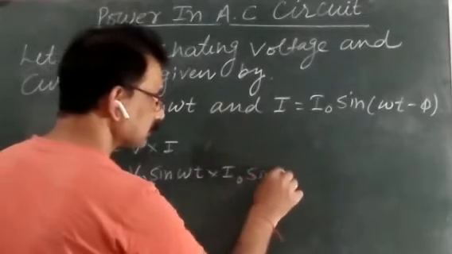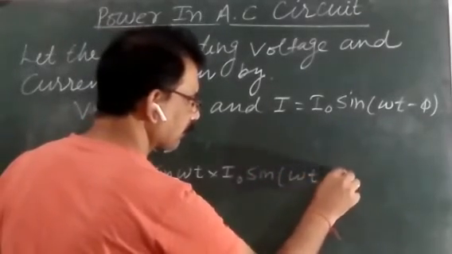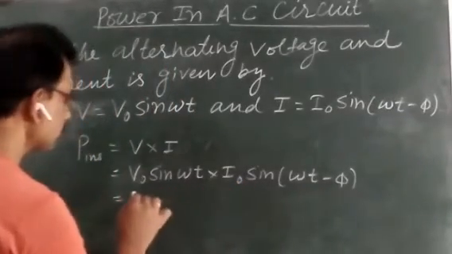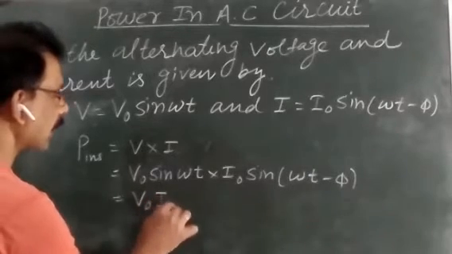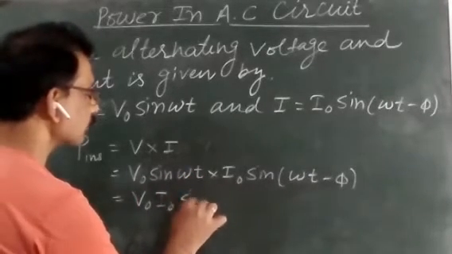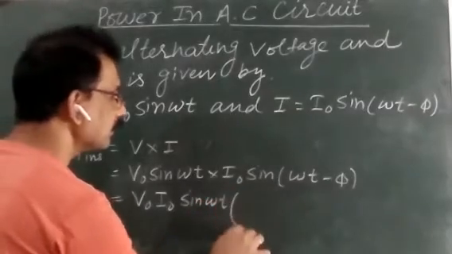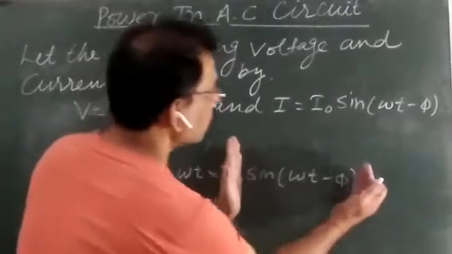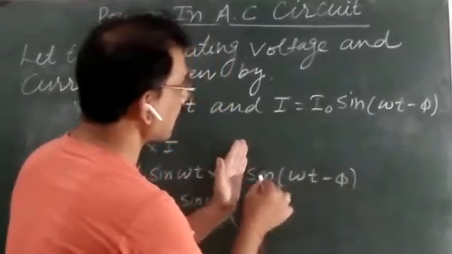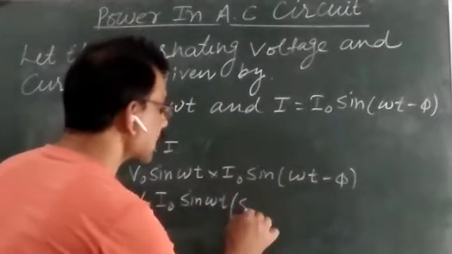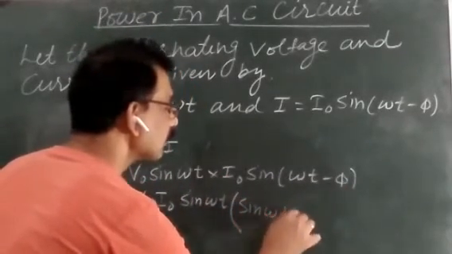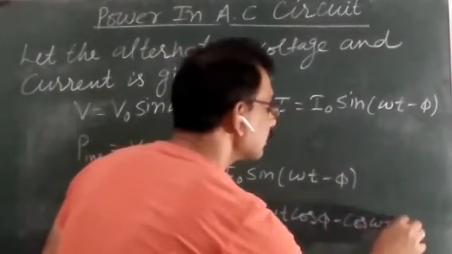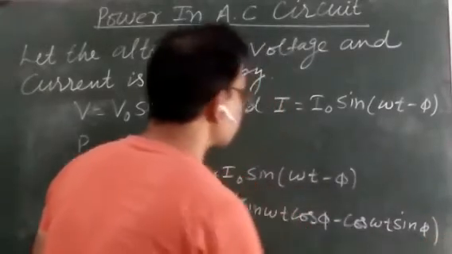Now you can write V naught I naught sin omega t, and here sin A minus B. When you use this, sin omega t minus phi means sin A minus B. There is the formula sin omega t cos phi minus cos omega t sin phi.